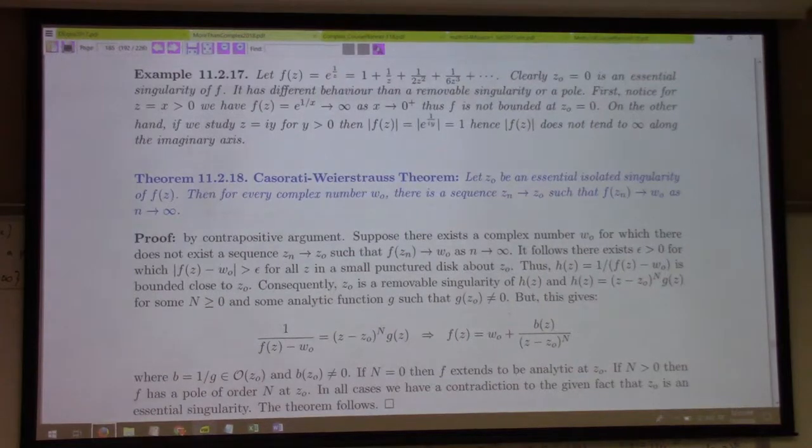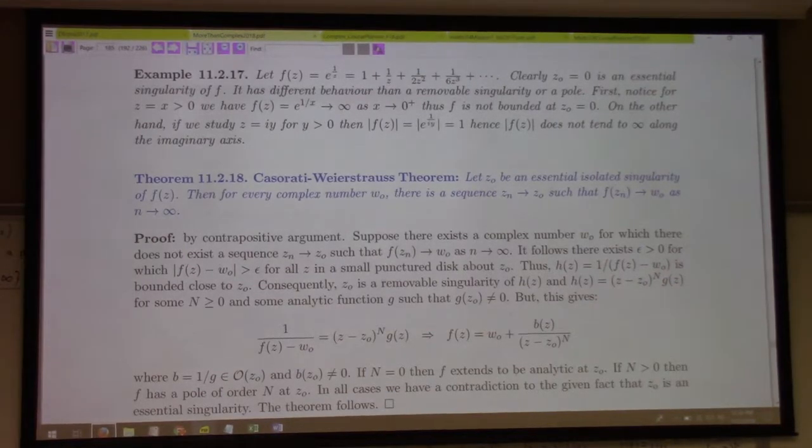The Weierstrass Theorem says that if z0 is an essential isolated singularity of f of z, then for every complex number w0, there is a sequence zn going to z0 such that f of zn goes to w0 as n goes to infinity. The example's not a proof, right? I found some sequences that go to 0, others that go to 1, and another that goes to infinity.